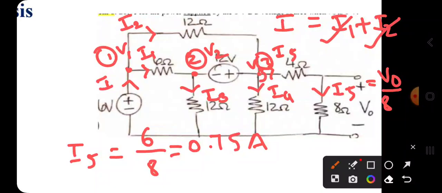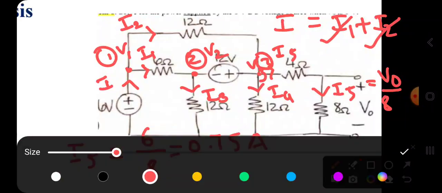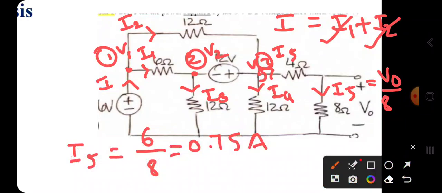And here you can observe that a super node exists between nodes 2 and 3. What do you mean by super node? Whenever a voltage source exists between two nodes, those two nodes are considered as a single node. That single node is called the super node. So we apply KCL at the super node directly.